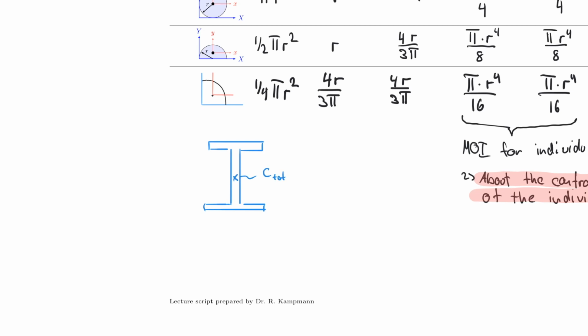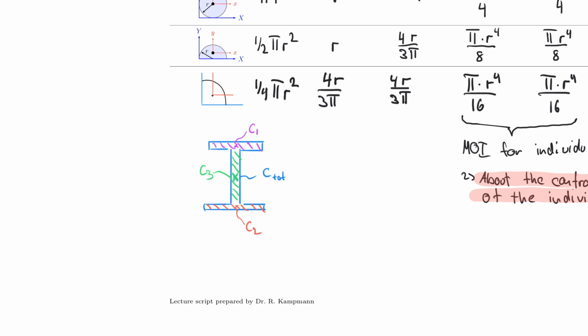But keep in mind that I can section this into element 1, which has a centroid location. So I'm going to call this here C1. And then I'm going to have another one down here, which has a centroid location there. So that is C2. And then I have one that is actually coinciding with this here. So this is C3.